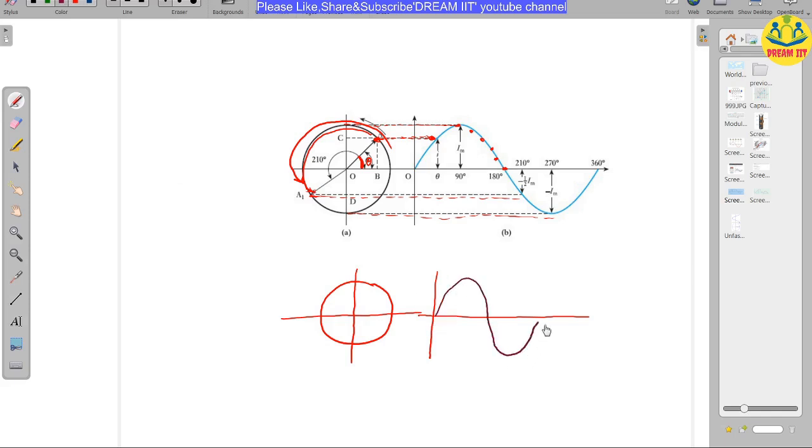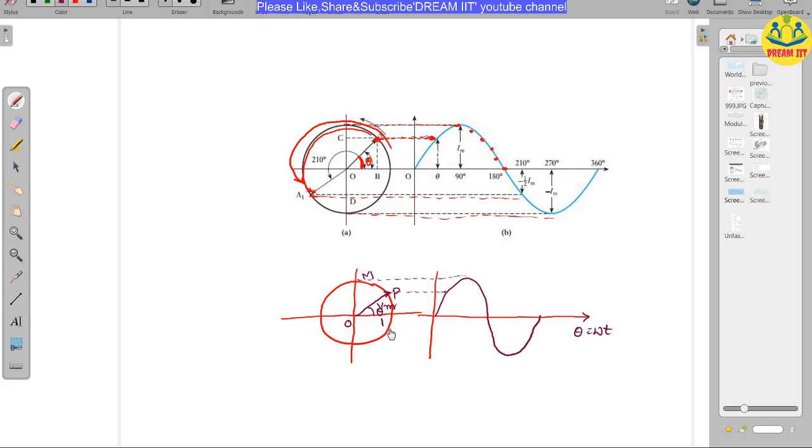This is a sinusoidal signal, and this is the vector of length OP, and this is OM. Whenever you see here, this projection is showing the maximum value. This projection of the vector is showing the instantaneous value. So what is the length of this? Length of this is Vm or Im, but it is making some angle theta, that is omega t here also.